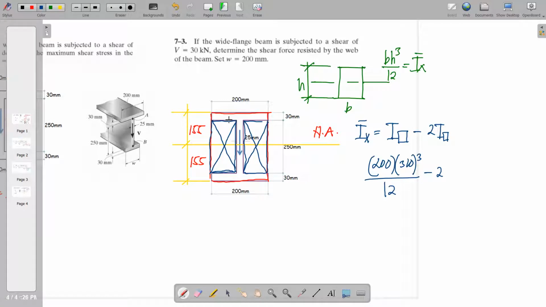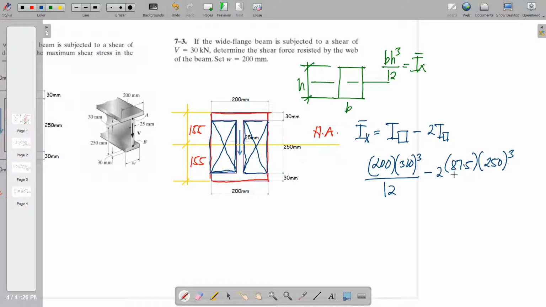The base of each of the rectangles is 200 minus the thickness of the web, that is 175, divided by 2. So we have 87.5 as the base of each of those smaller rectangles. As for the height of those smaller rectangles, it is obviously 250 cubed. We divide this by 12.